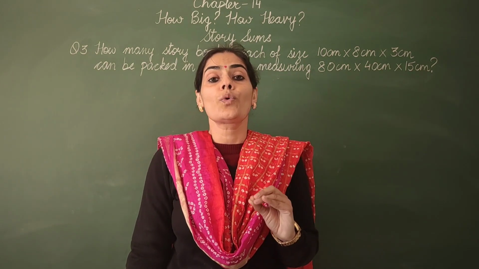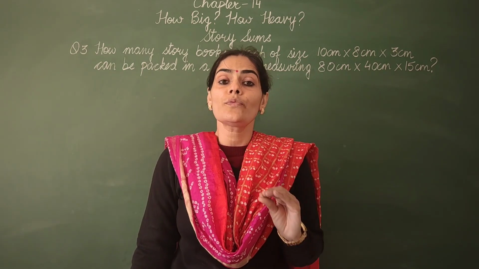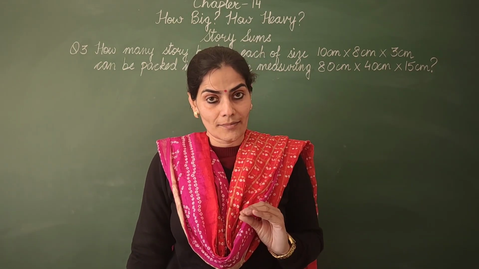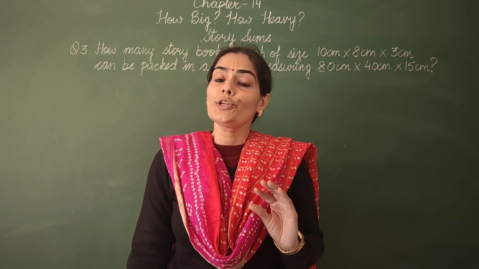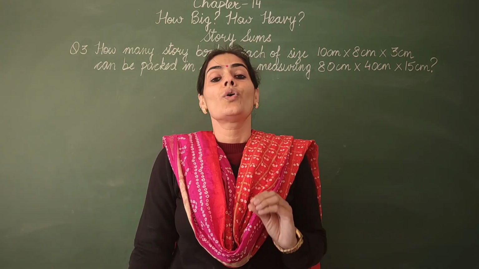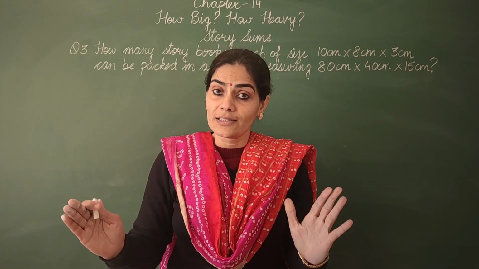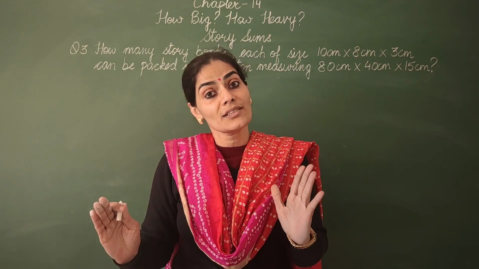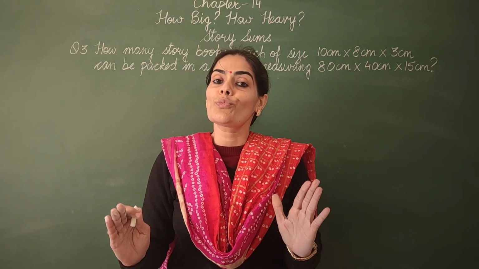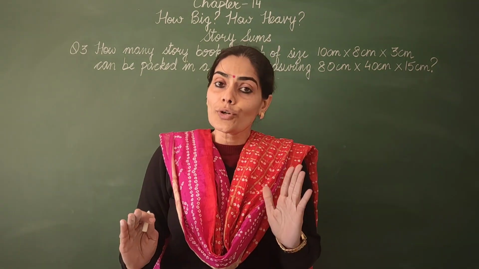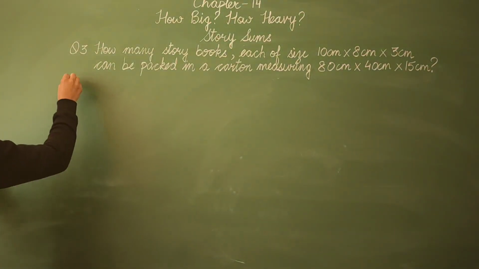Then we find the volume of the box or carton in which the object is required to be packed. After finding the volume of both the things, the volume of the bigger object, that means the carton or the box, will be divided by the volume of the object to be packed. Clear?